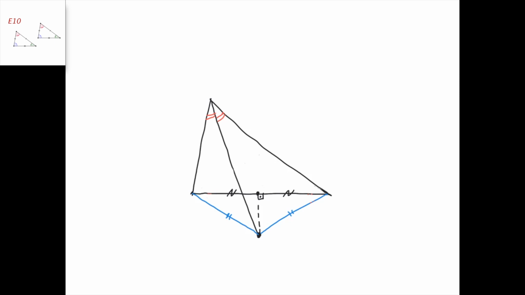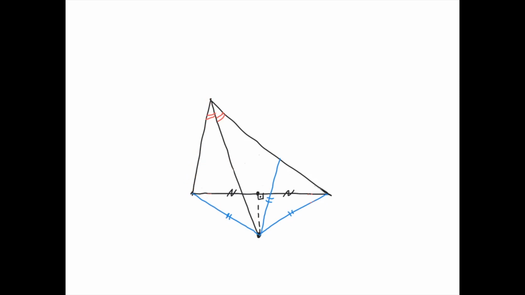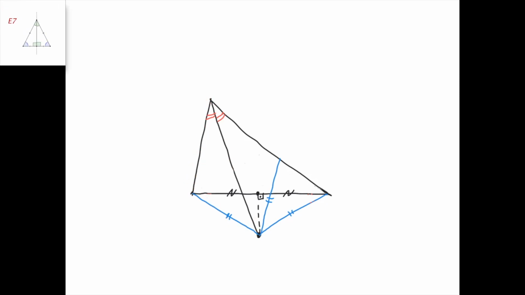We can make it true, however, by constructing this segment like this, so that this equals this equals this. And in this case, this triangle here would be indeed congruent to this one. So essentially what we did is we took the symmetric point of this one with respect to this line. So we did symmetry with respect to this line.